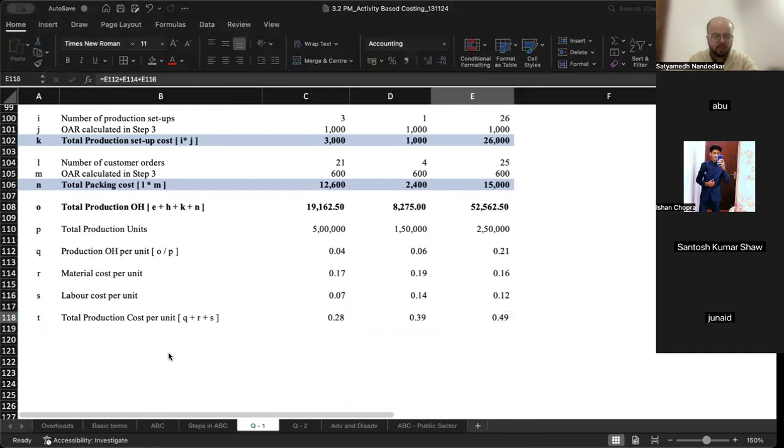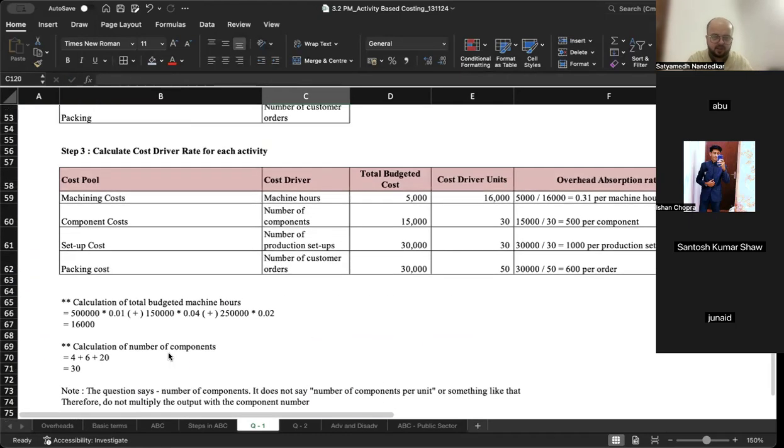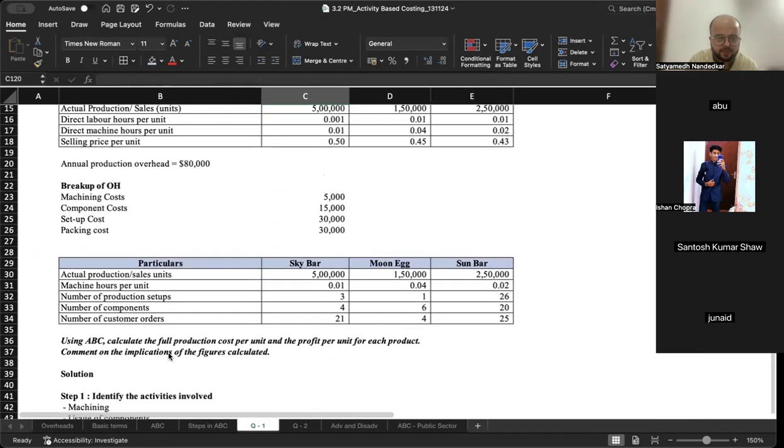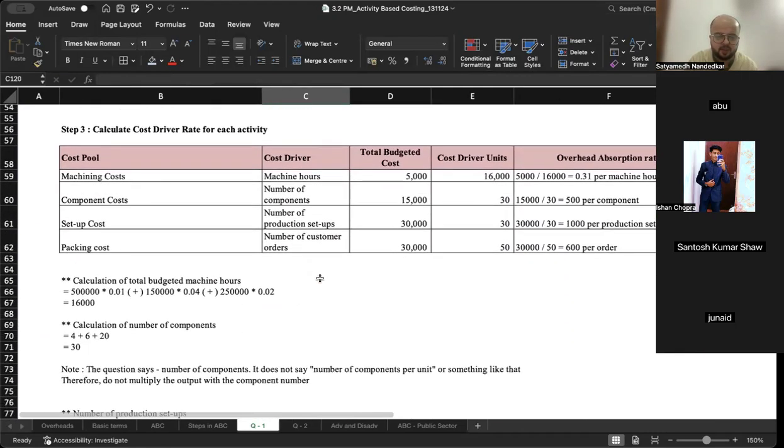Okay, now they have also asked you to calculate the profit per unit. So let's write down selling price per unit. Is it given to us at any point? 0.5, 0.45, 0.43.